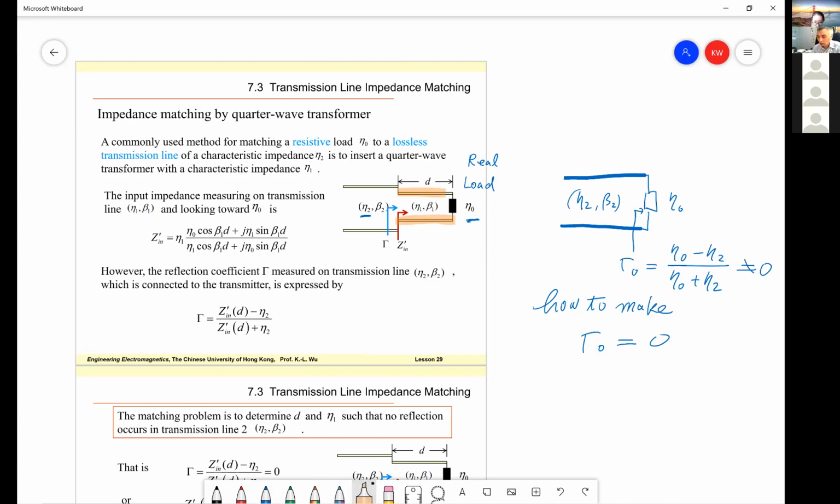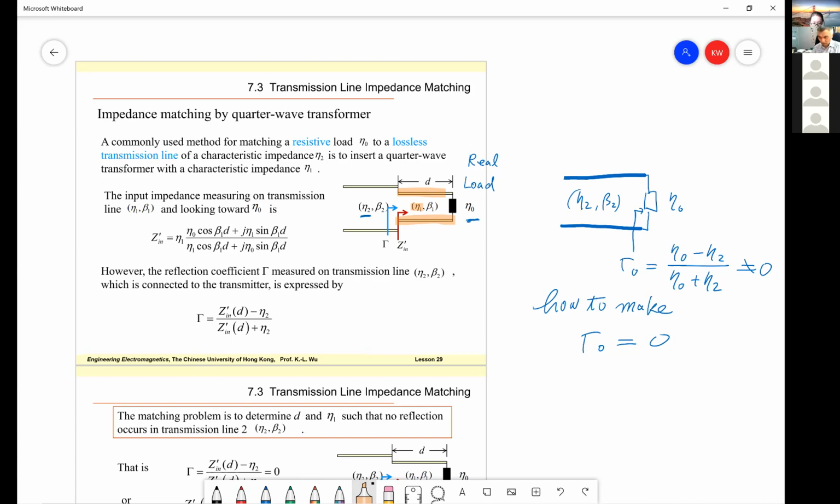This transmission line with characteristic impedance is eta 1. Okay, now we have eta 0, eta 1, eta 2, right? So the purpose is I introduce freedom, I can adjust.